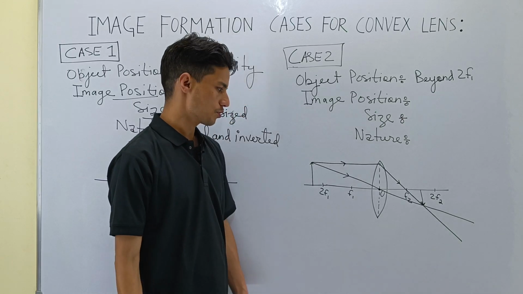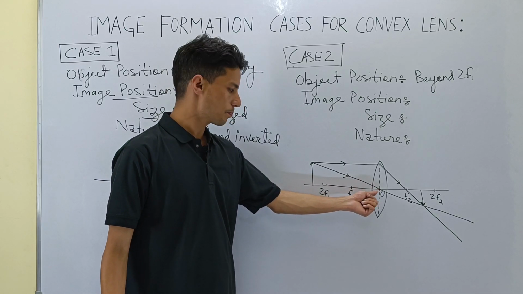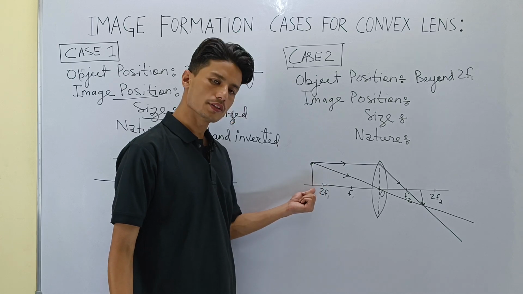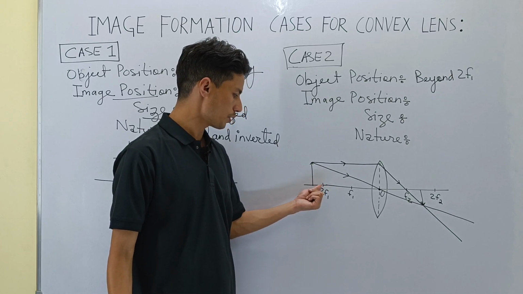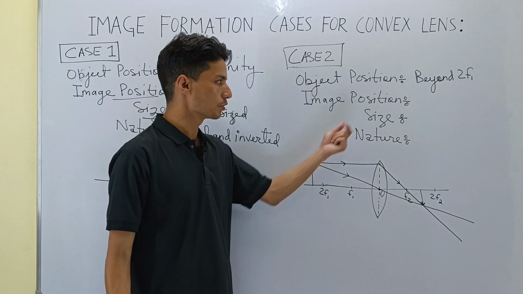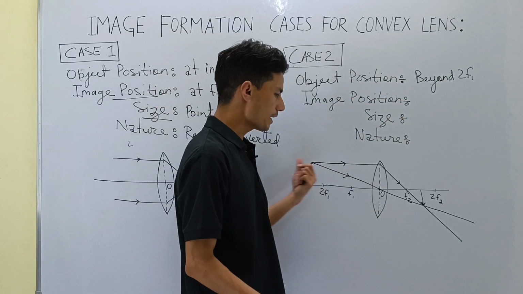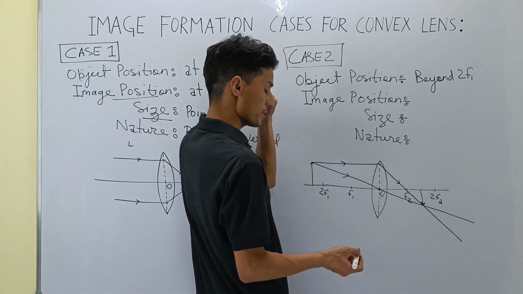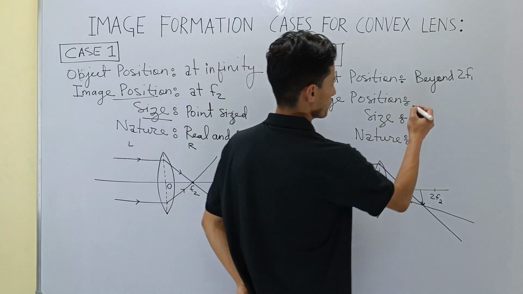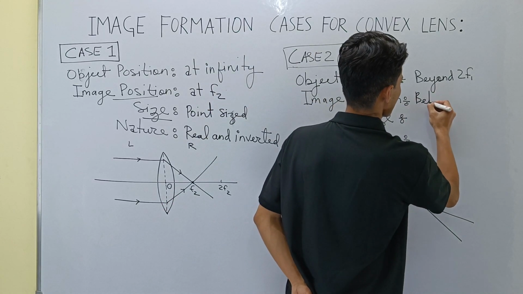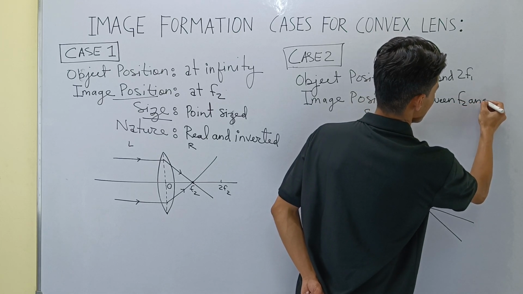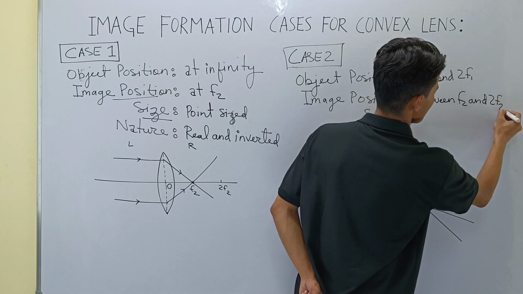So from here the word beyond is correct, because to reach this point, you have to go beyond 2f1, isn't it? After going beyond 2f1 only, you will meet the object. So beyond is the right word. Behind is also correct, beyond is also correct. Image position, where's the image? It's between f2 and 2f2. So you will write between f2 and 2f2.